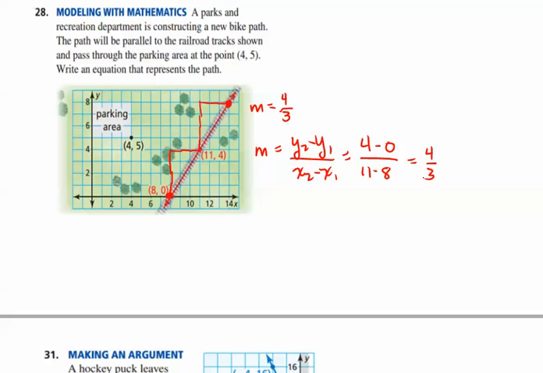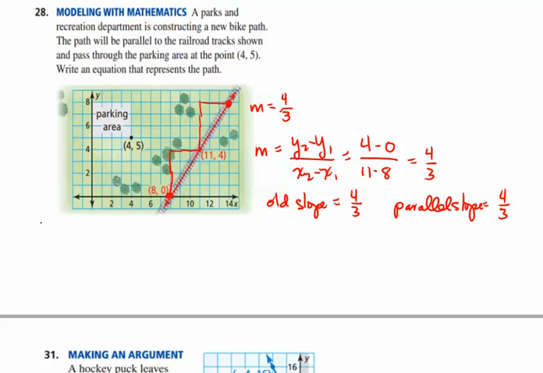So either way is good. Now we want to be parallel to that line. So old slope is 4/3, and parallel slope would also be 4/3. And we want to pass through the point 4, 5.